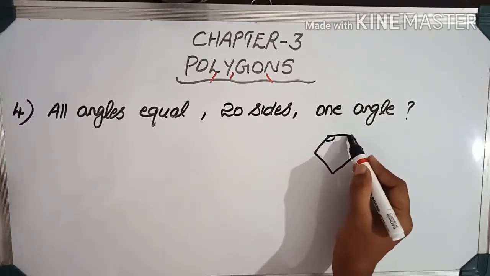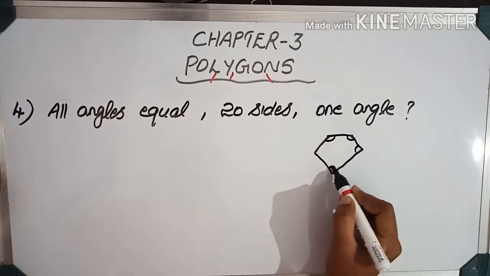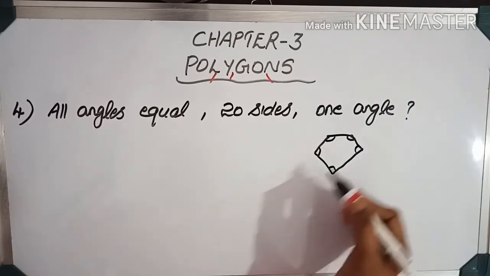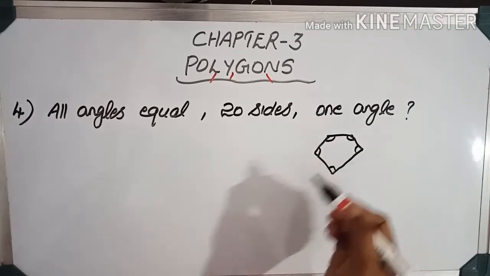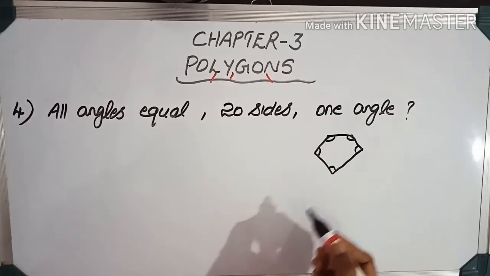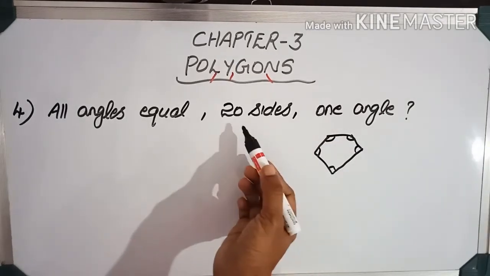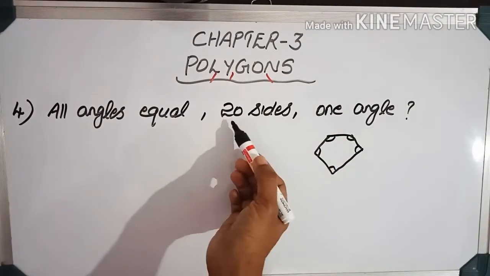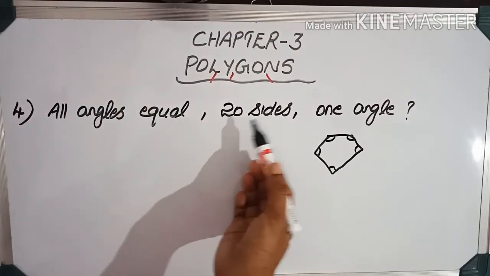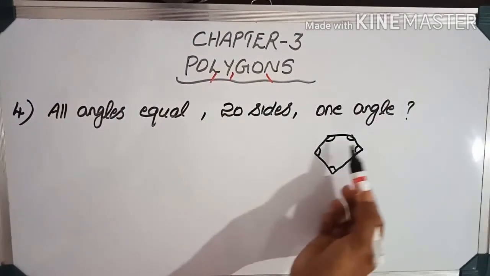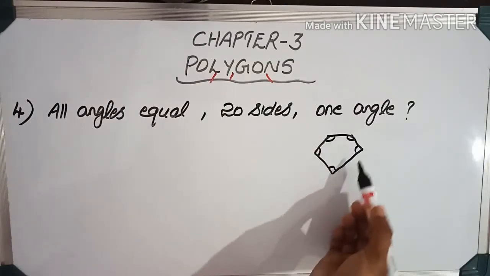That means all these 5 angles are equal. We have to find one angle. Here not 5-sided, we need to consider the number of sides as 20. So in order to find one angle, we have to find the total angle. Sum of angles will be what?